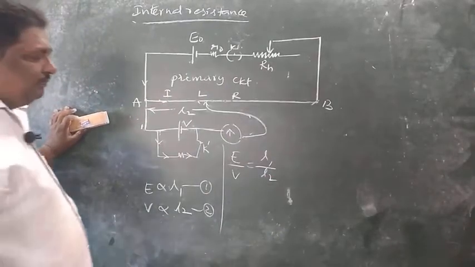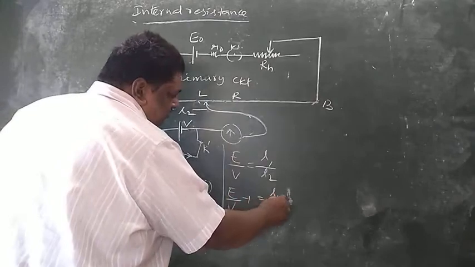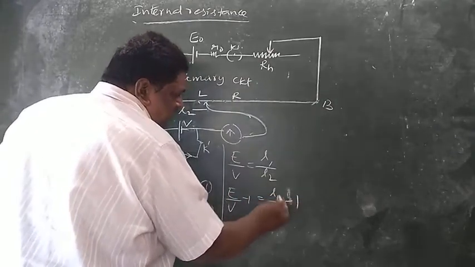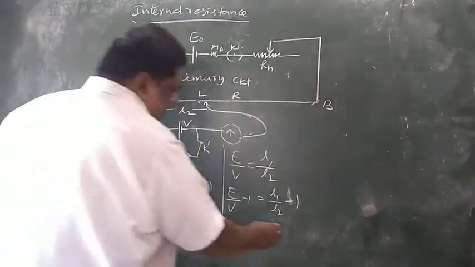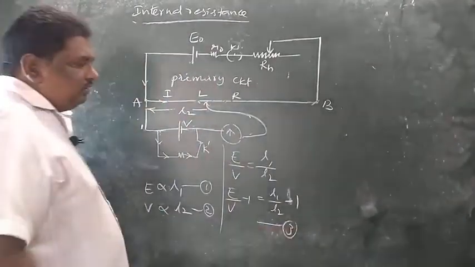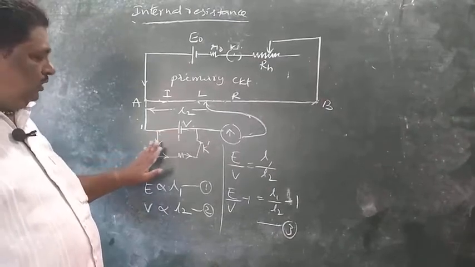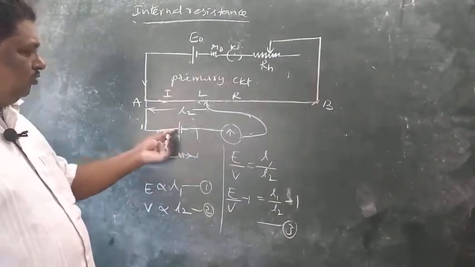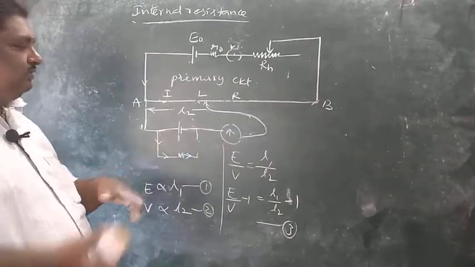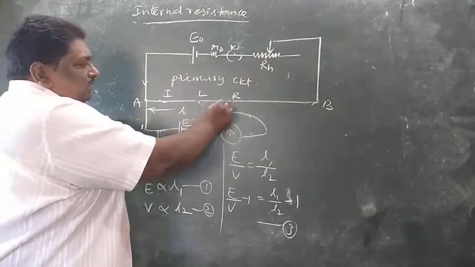Subtracting 1 from both sides, E by V minus 1 is equal to L1 by L2 minus 1. Keep it like that; we shall see it. This is the third equation. What we have done here: the cell is taken, the external resistance is not connected, so it is an open circuit voltage and high voltage is available. This is called EMF, and the balance length is more.